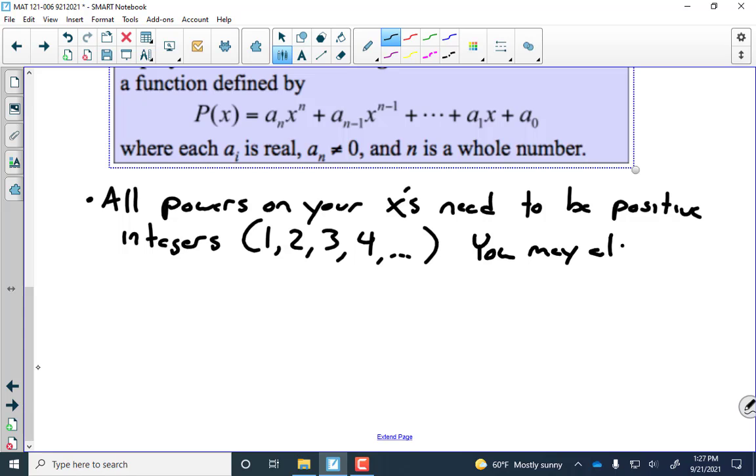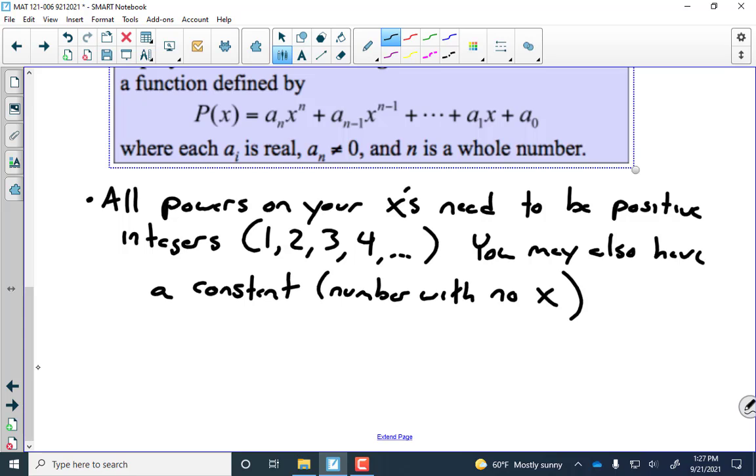You may also have a constant. A number with no x, just hanging out at the end. We saw that with quadratics. Sometimes they had a plus 7 at the end or a minus 12 at the end. So, all your x's need to have integer powers that are positive numbers, not fractions, not decimals, not negatives, and you're also allowed just to have a number hanging out at the end.